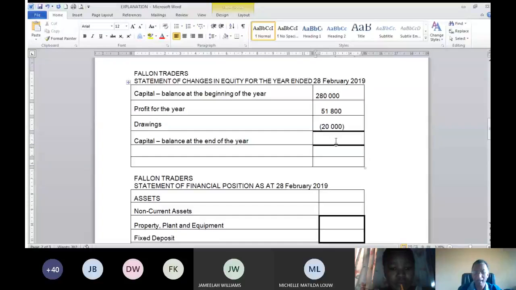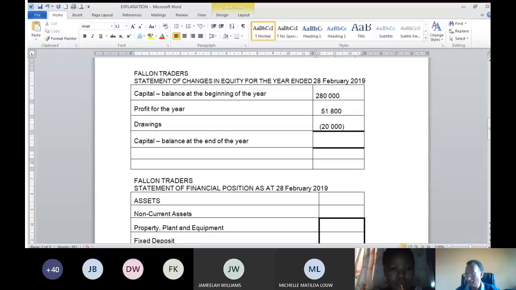So your capital balance at the end of the year will then be the 280,000 plus 51,800 minus 20,000 Rand. And that will give you a capital balance at the end of the year of 311,800. 311,800, guys.